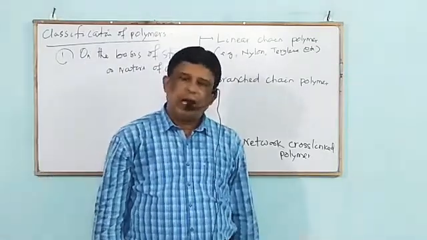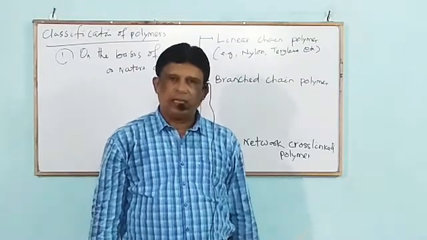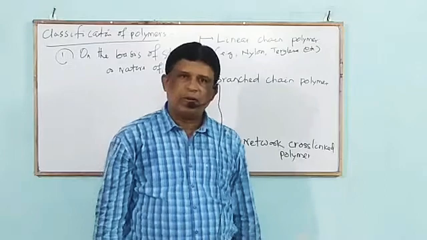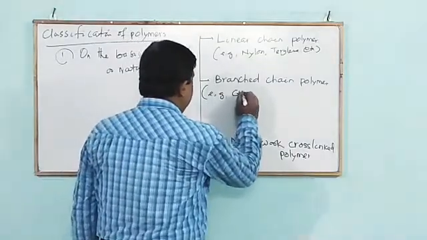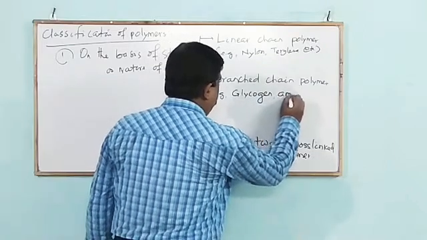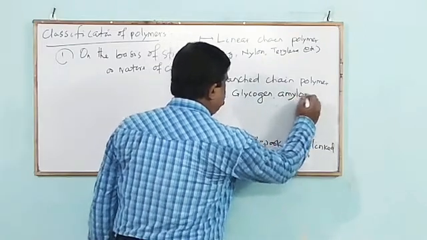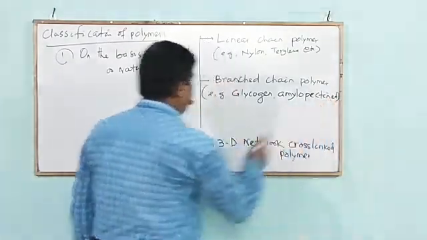So they have a low melting point, low density and low tensile strength. For example, glycogen, amylopectin, etc.